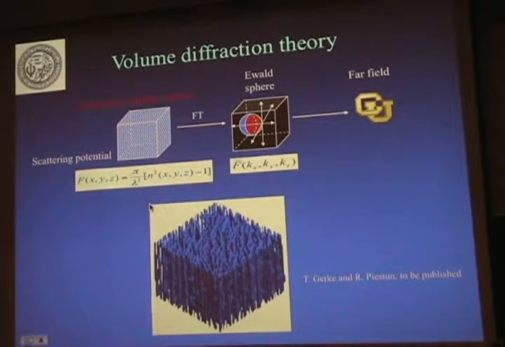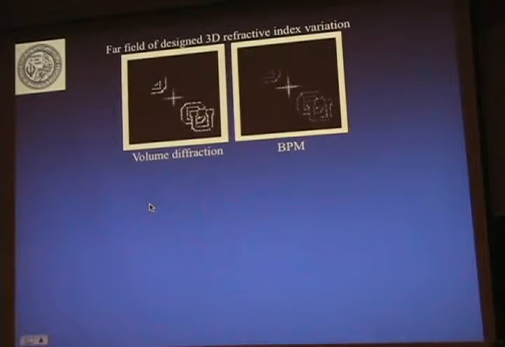And then one can come up with something like this, which is a volume which is aperiodic and looks pretty much like a mess, but eventually it's going to give you that reconstruction. And this is the first demonstration. So here I show simulations by using the volume diffraction and an independent method, the beam propagation method, to show that they agree.